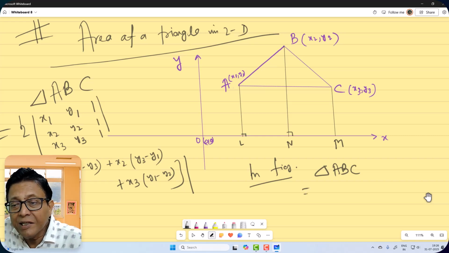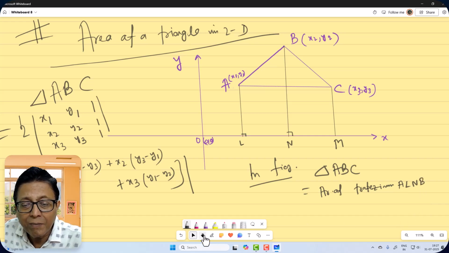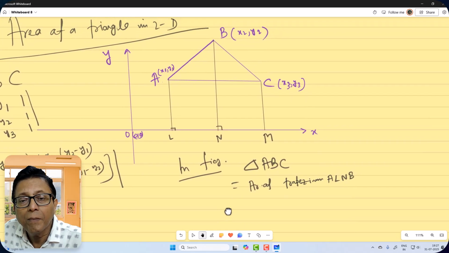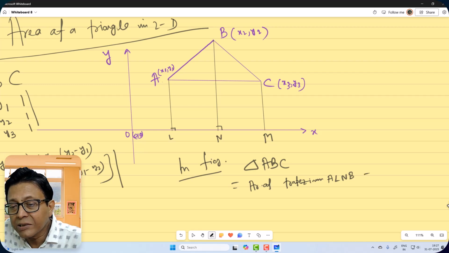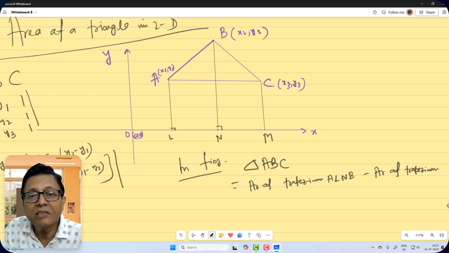That is the area of trapezium ALNB. This is a trapezium, no?